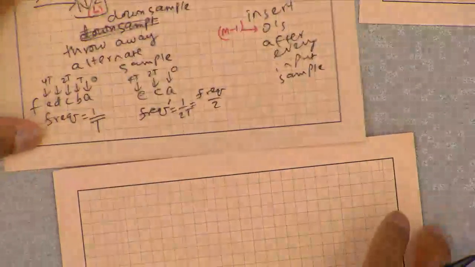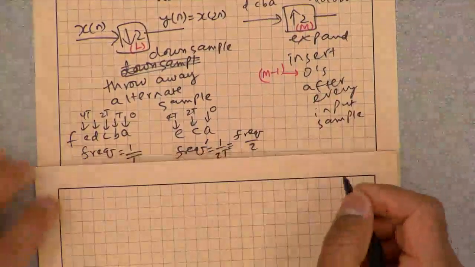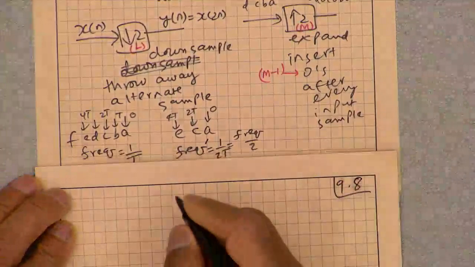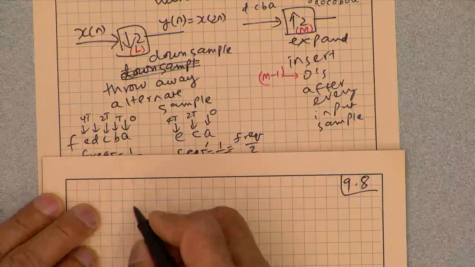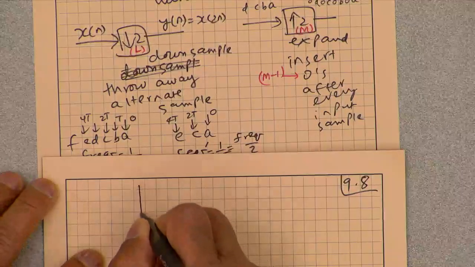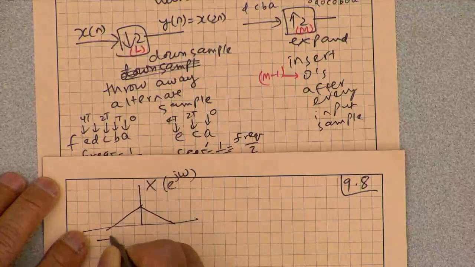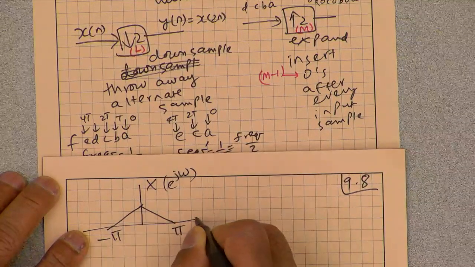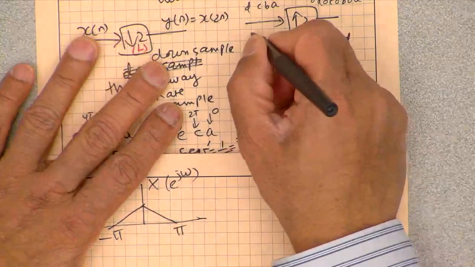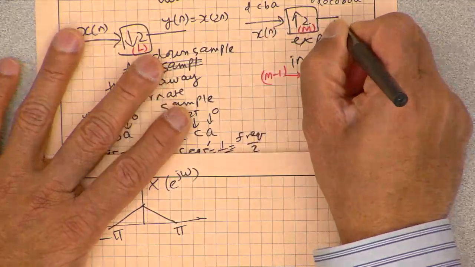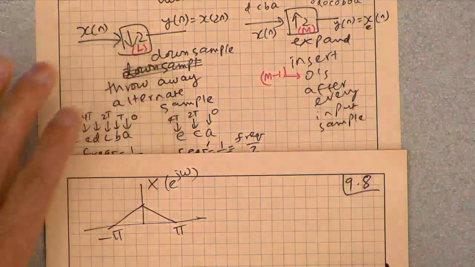So let's say we call this x[n], and this is y[n], which is x expanded, x_e[n].